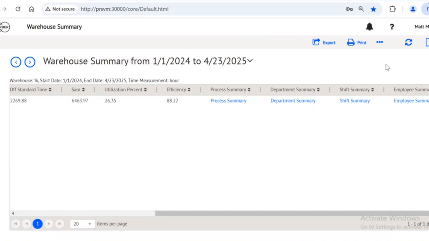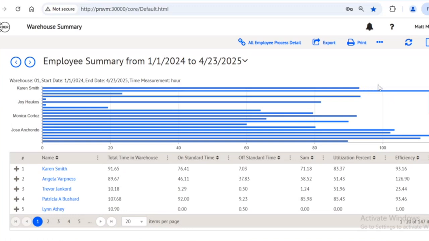Let me show you the Infios Labor Advantage system with the labor metrics reports to show the information on each of our employees and how they're performing. So let's dig in a little more and take a look. If I come into our employee summary report, we can see in this helpful graph up at the top who is falling above or below our 100% efficiency expectation from the engineered standards for each of the processes that we're measuring.